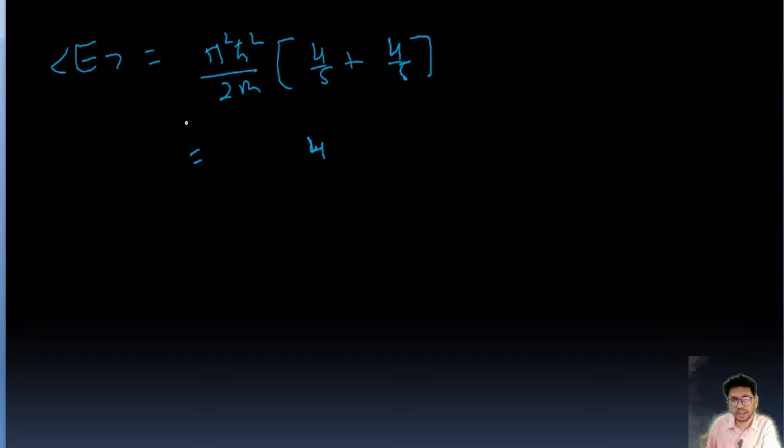Then 8 and 2 get cancelled, and it is going to be 4 pi square h cut square upon 5m, because 5 is there, right? This is the one.